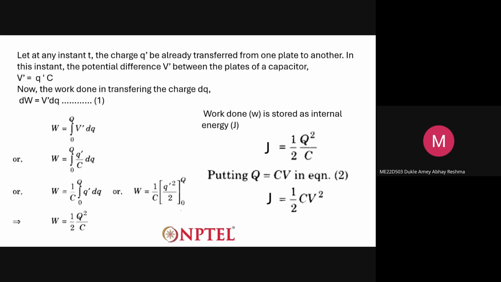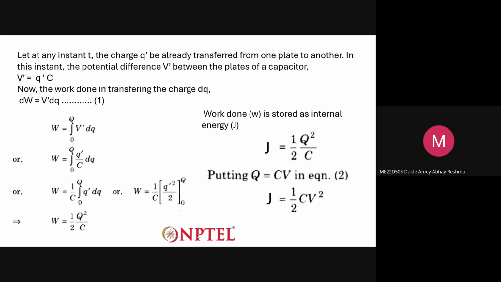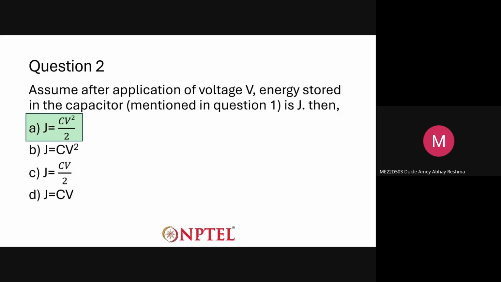We don't have q as a variable in any of the options, so we use q is equal to CV, and we get the final answer: J is equal to half CV square, or J is equal to CV square by 2.